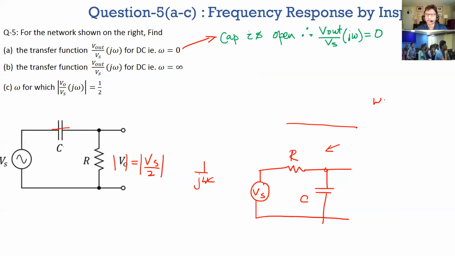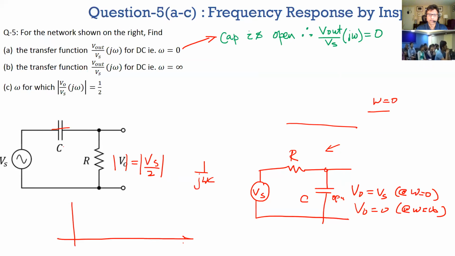At omega equals 0, this is open, which means that Vout is equal to Vs at omega equals 0, right? And then do the same thing for omega equals infinity. This cap is a short, which means the output will be 0. So Vout equals 0 at omega equals infinity.